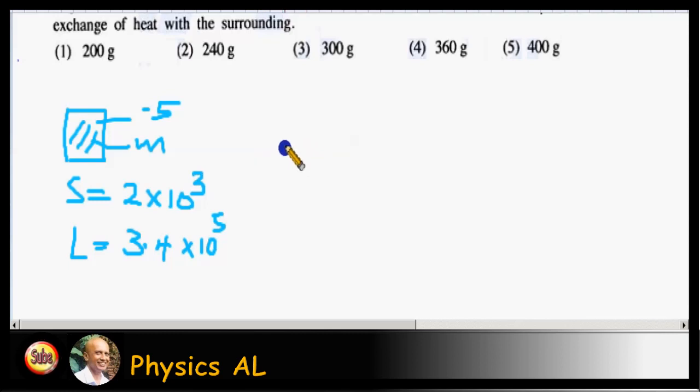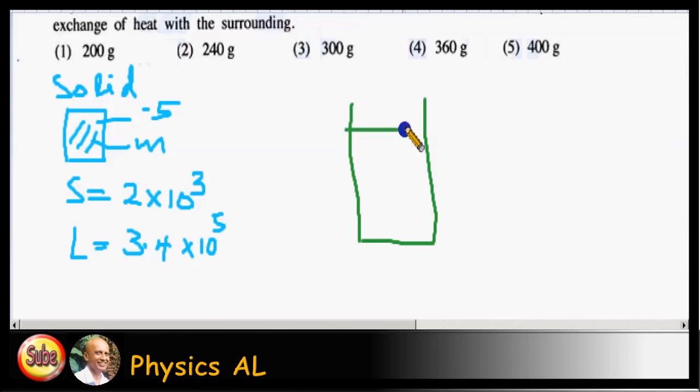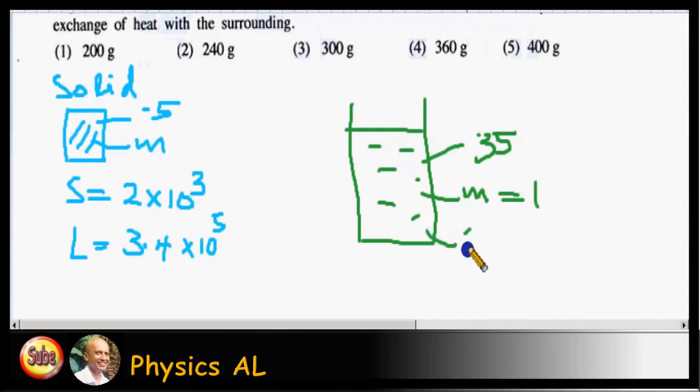So this is the piece of ice, in solid state. Then water is given in a container whose temperature is 35. Mass is 1 kilogram. Specific heat capacity is 4 times 10 power 3.